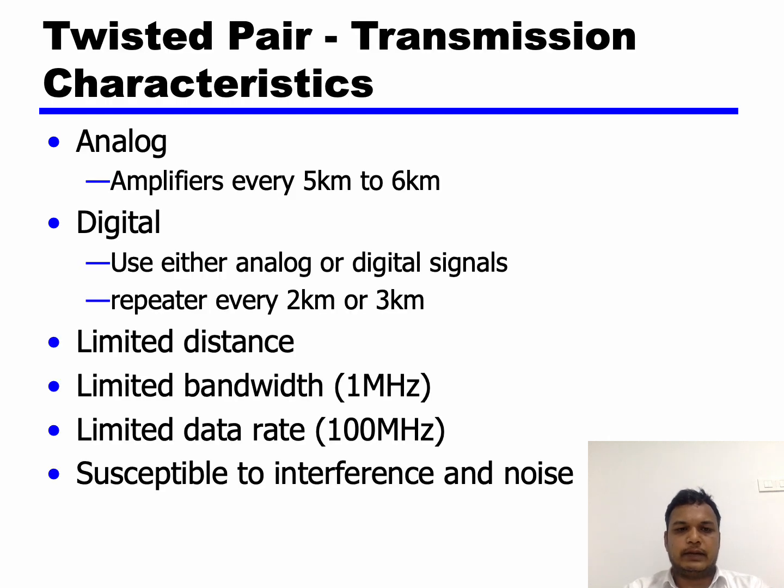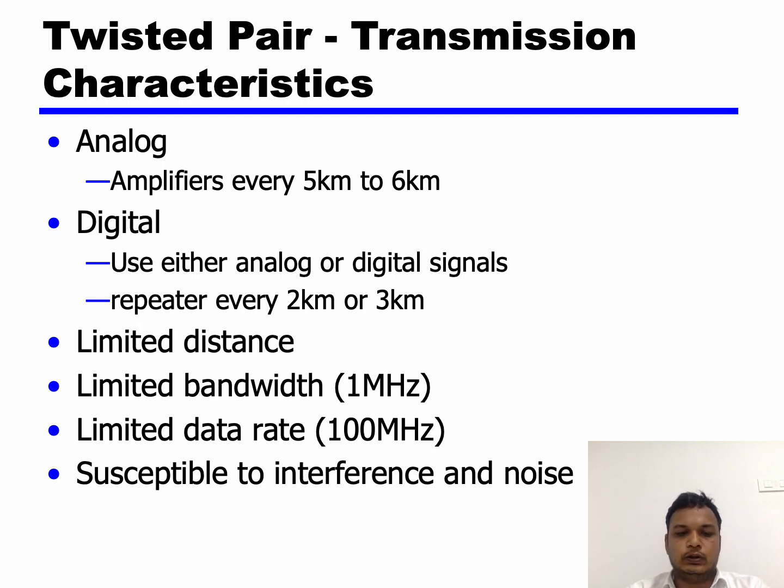For twisted pair cable transmission, the characteristic is that for analog signals, amplifiers are needed every 5 to 6 kilometers. It can use either analog or digital signals. Repeaters are recommended as mentioned in the table, like every 2 or 3 kilometers. The distance is very limited, as well as the bandwidth. Twisted pair cable supports a low data rate, a maximum of 100 megahertz.